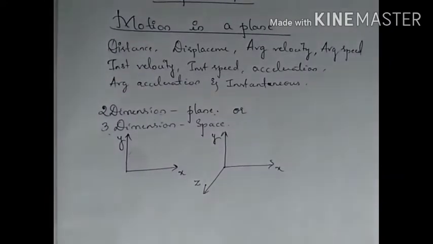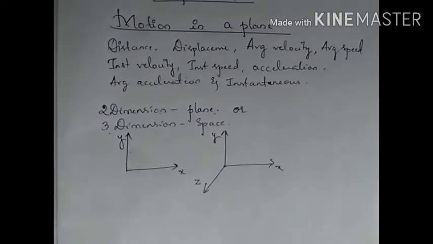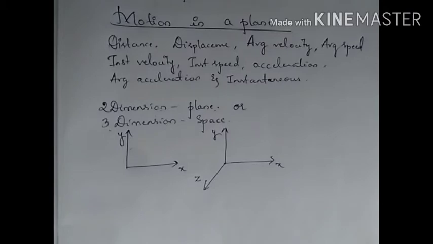In order to describe the motion of an object in 2D or 3D, we need to use a new quantity known as vectors.